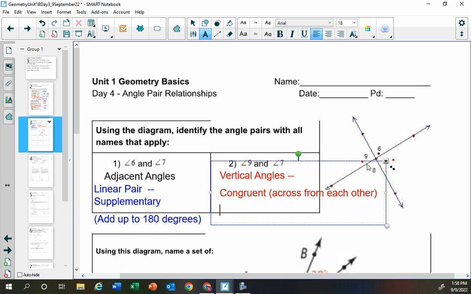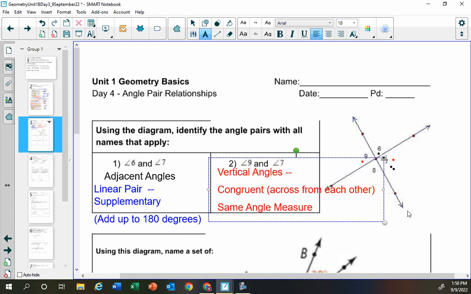So what's meant by the word congruent? It means they have the same, begins with an S. Same what? Close. Same angle, begins with an M. Same angle measure. Okay. Same angle measure. Questions?